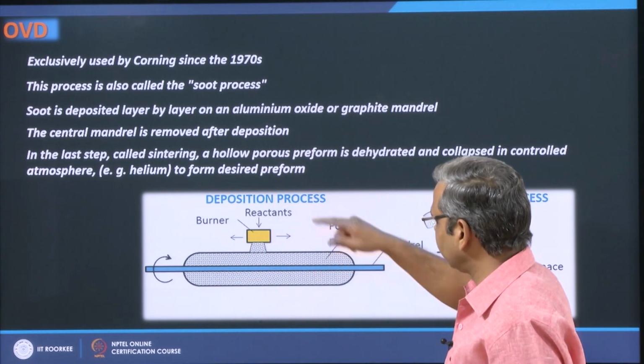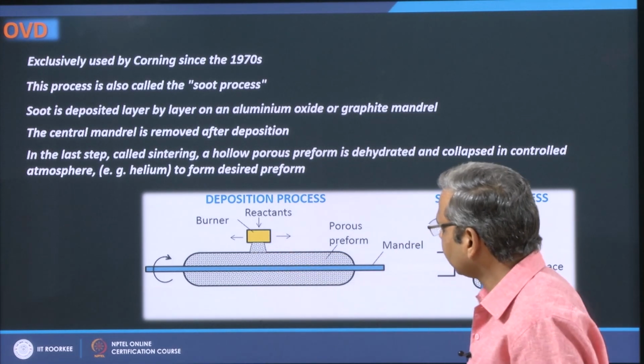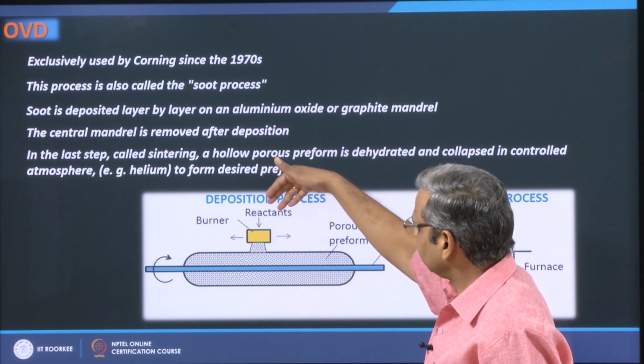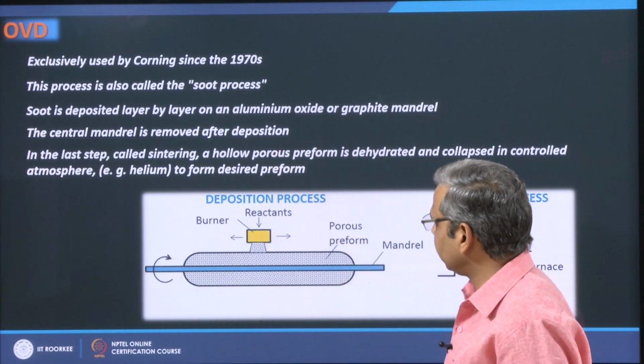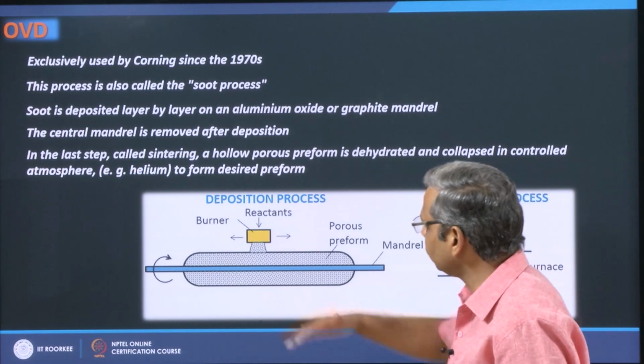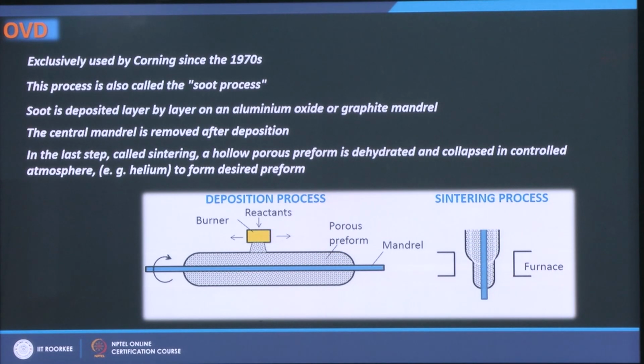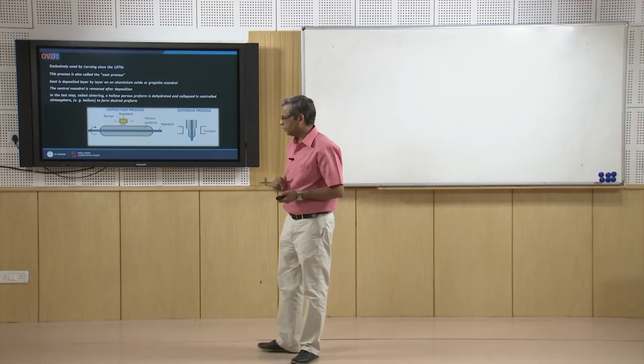This mandrel is rotated, so you cover the whole area. As a result of the chemical reactions, the soot is first formed, and this soot is deposited on this mandrel layer by layer, but it is not vitrified here.